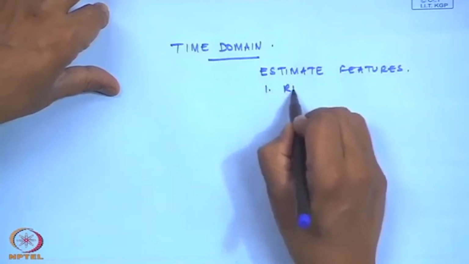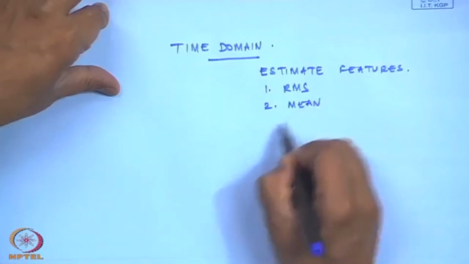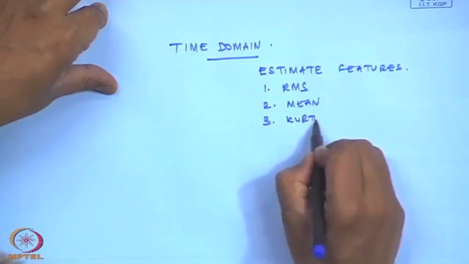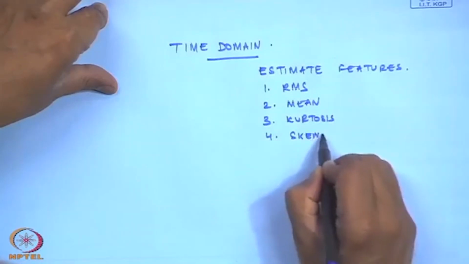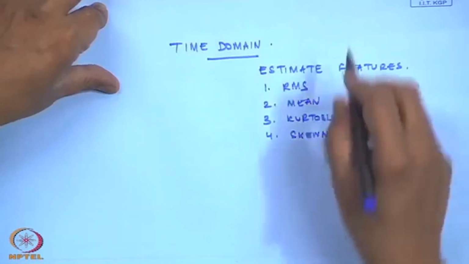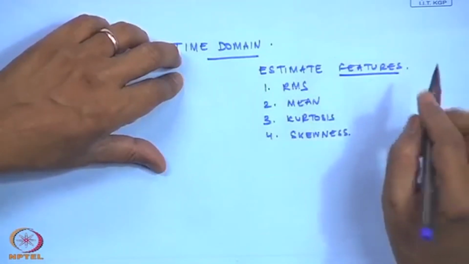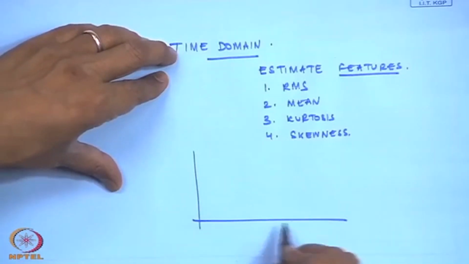One, of course, the RMS, the mean, okay, the kurtosis, skewness, etc. Earlier we were told there are about 20 different features which we can find out, and then of course we can always trend these features with time.